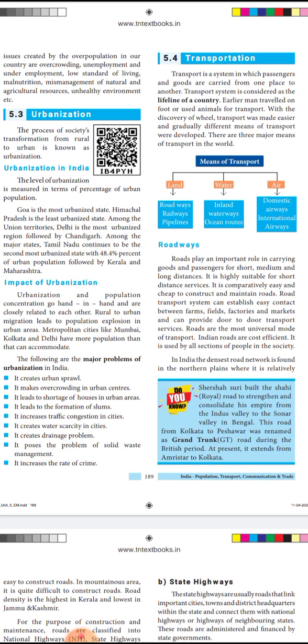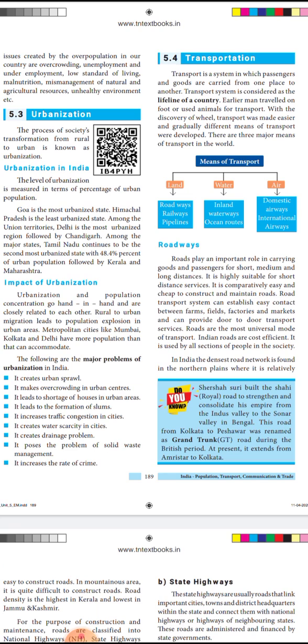Roadways, through roads, when we move from one place to another, is called roadways. It is an important one which helps in carrying goods and passengers for short, medium, and long distances. It is also very easy and cheap to construct and maintain the roads. It is used by all sections of people in society, right?